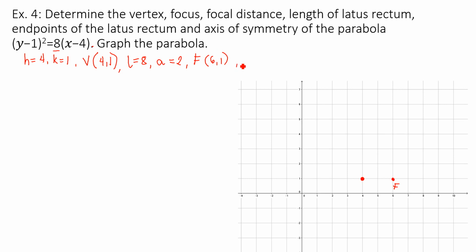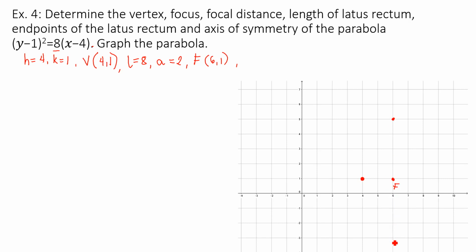Then the length of the latus rectum, we have 8. For the endpoints, since the length of the latus rectum is 8, if we divide 8 by 2, we get 4. So 1, 2, 3, 4, and 1, 2, 3, 4.